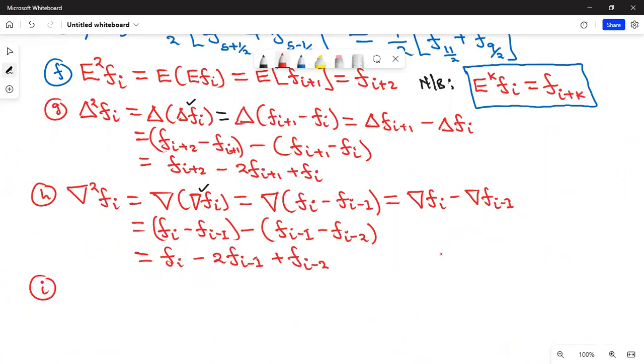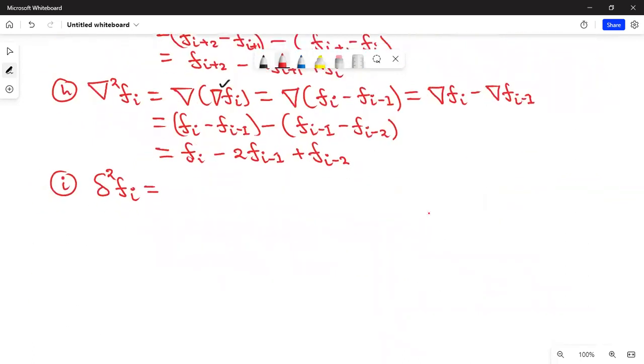In part 1, what do we have? The second central difference of fi. So delta squared of fi, what was it? This is the same as writing delta of another delta of fi. And how did we define the central difference of fi?